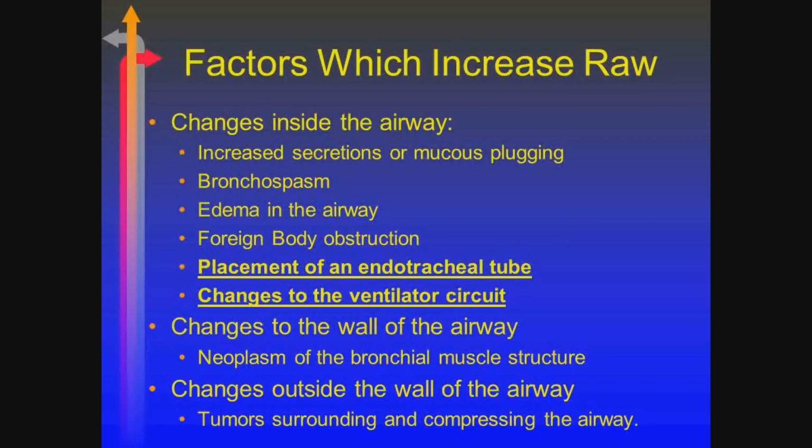When we talk about HMEs later on this afternoon, we'll see that one of the problems of HMEs is that they can become soiled, wet, and when that happens, the airway resistance goes up significantly. You can also have changes outside of the airway, either outside the wall of the airway or the wall itself, usually associated with tumors.